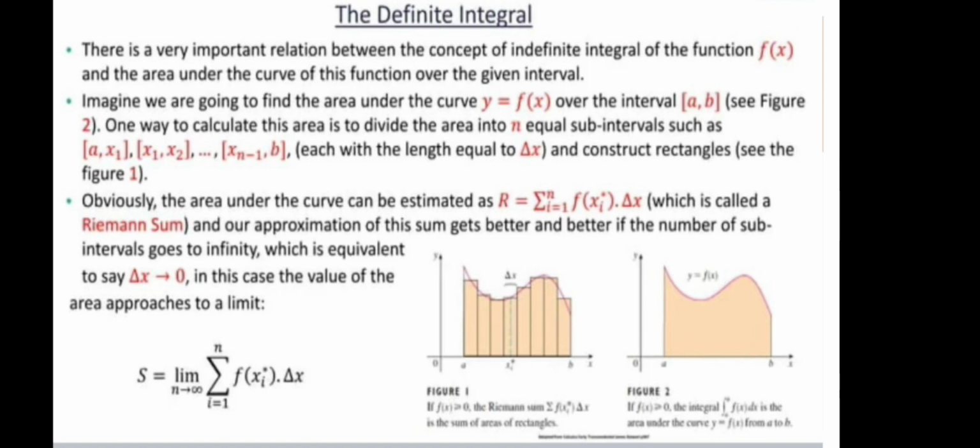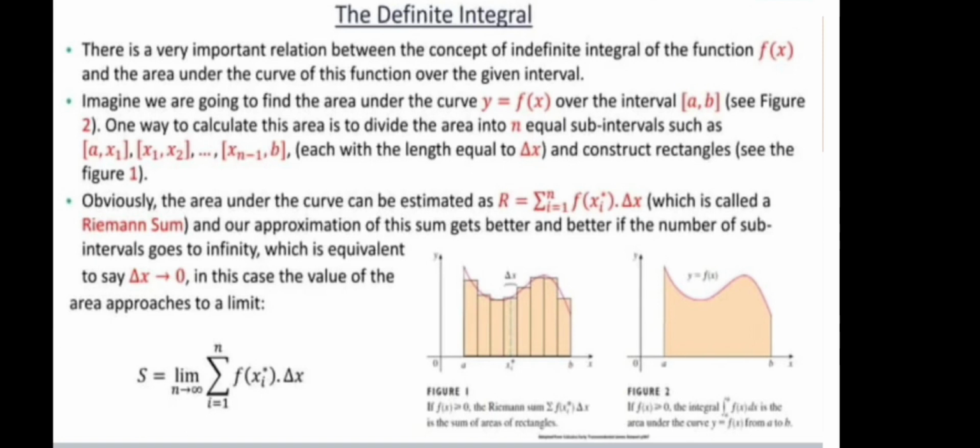area under the curve of this function over the given interval. Imagine we are going to find the area under the curve y equals f of x over the interval a comma b. See figure 2. One way to calculate this area is to divide the area into n equal subintervals, each with the length equal to delta x, and construct rectangles.